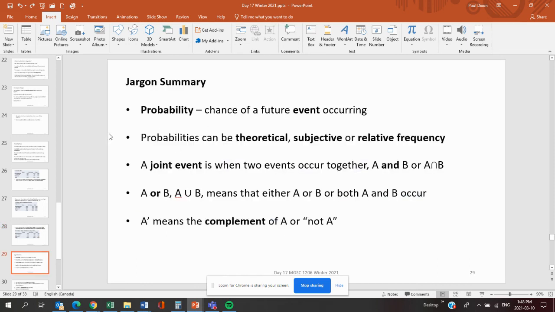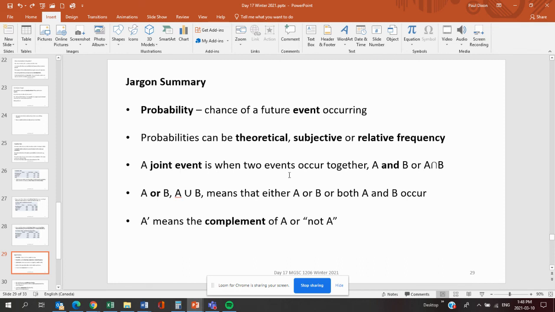So just to summarize, we've got a lot of jargon. Probability has to do with an event happening in the future. The probabilities have different sources. They can be theoretical, like in gambling; subjective, it's your opinion, maybe the opinion of an expert, but it's still an opinion; or ones that are really rooted in data, in which case it's a relative frequency.